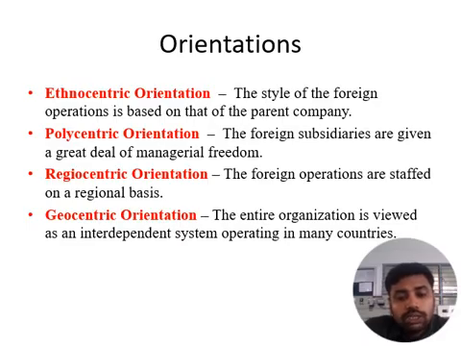In the polycentric orientation, foreign subsidiaries are given a great deal of managerial freedom. Regiocentric orientation means the foreign operations are staffed on a regional basis. Geocentric means we adapt to each and every geographical area where we are going to concentrate.